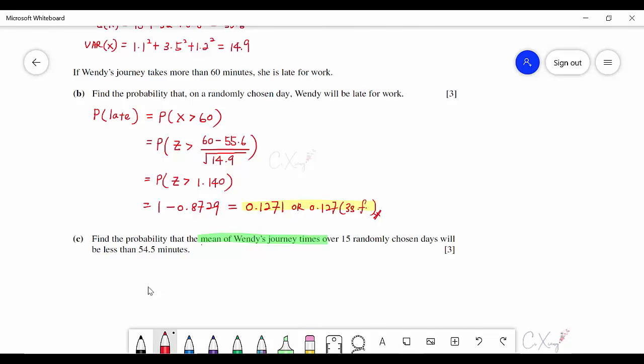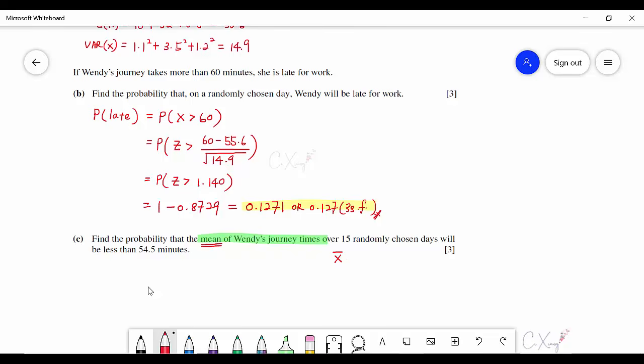So when you see the mean height, mean weight, mean length, mean time, all these belong to sampling distribution. Sampling distribution means that you need to find the distribution for the sample mean.